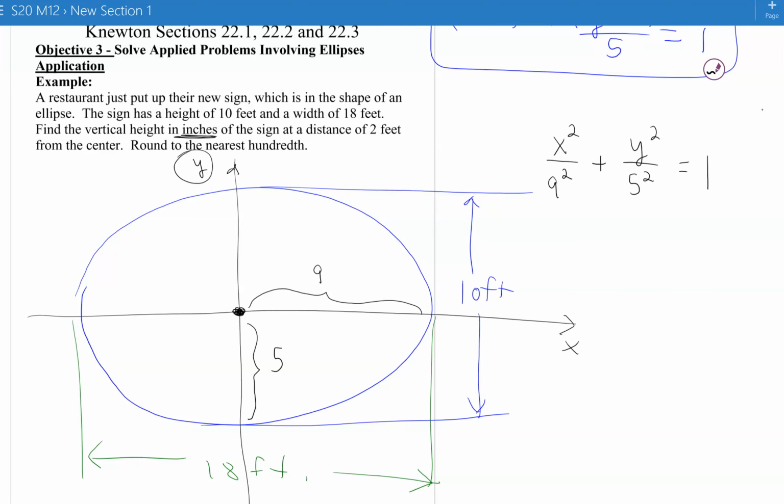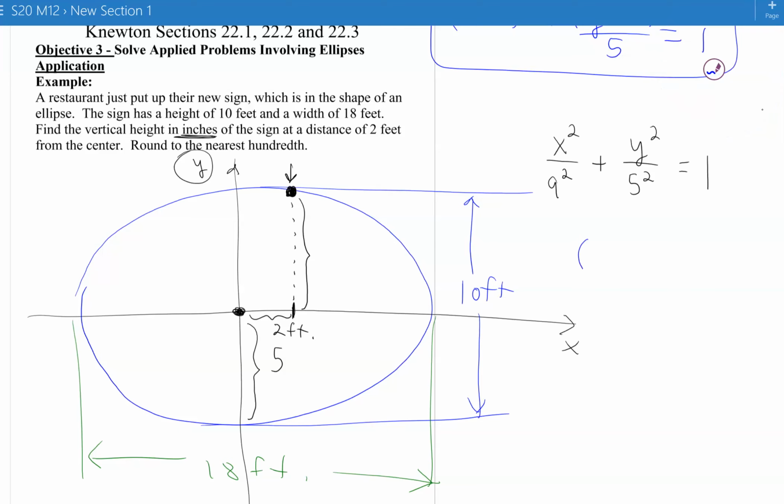of the sign at a distance 2 feet from the center. So we're going to go 2 feet from the center and ask, how high is the sign? So we're asking for the coordinates of this point that's on the edge of the sign.